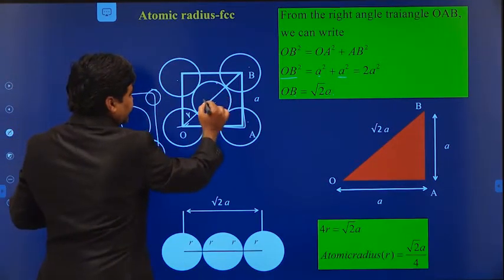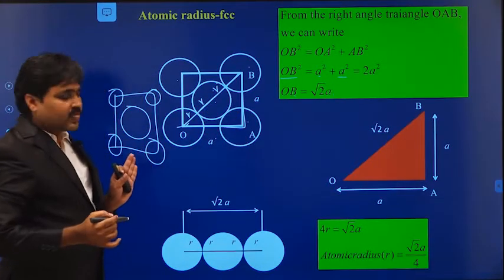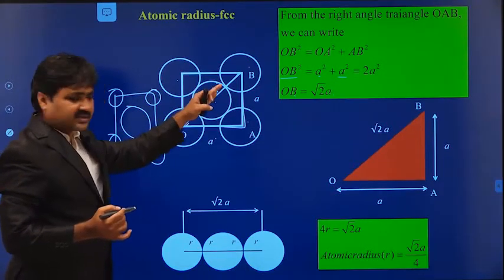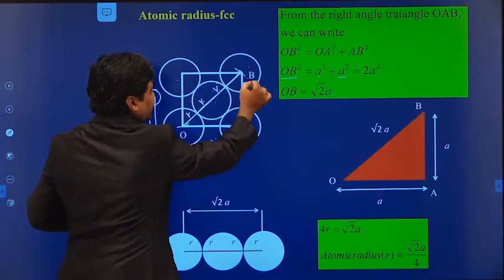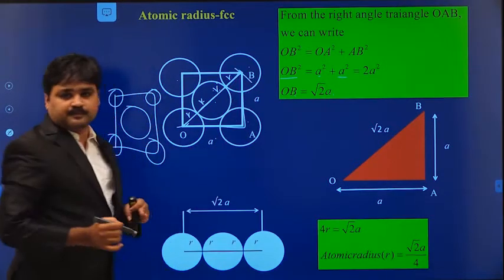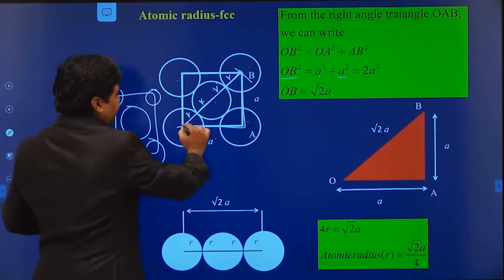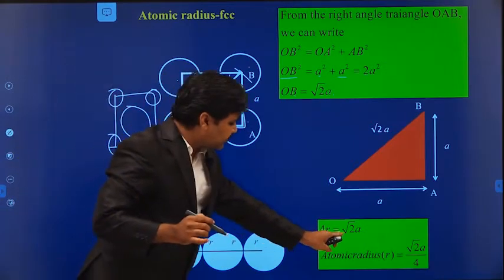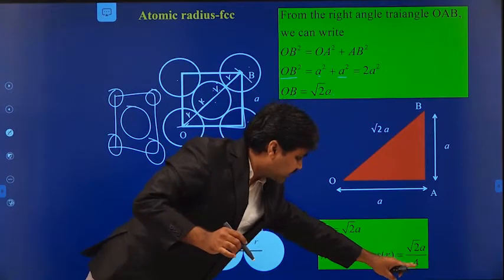The face center atom is completely inside the face, so there will be 2R. So 1R plus 2R, and this corner atom is only R. Totally that is 4R equal to square root of 2 a, because this hypotenuse length is equal to square root of 2 a. That is 4R equal to square root of 2 a, and the atomic radius R equals square root of 2 a divided by 4.